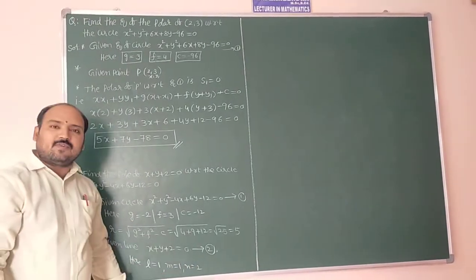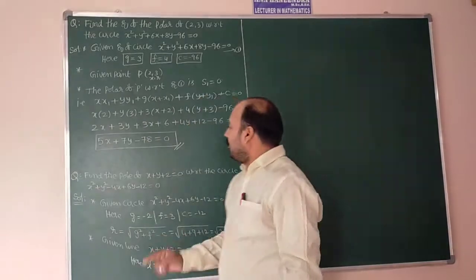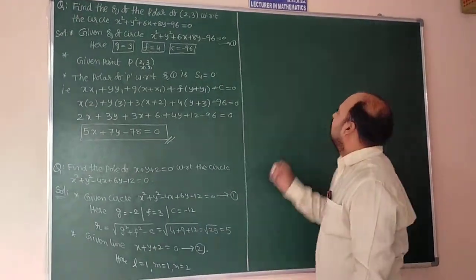After completing this work, write the formula for the pole of this line with respect to the circle.